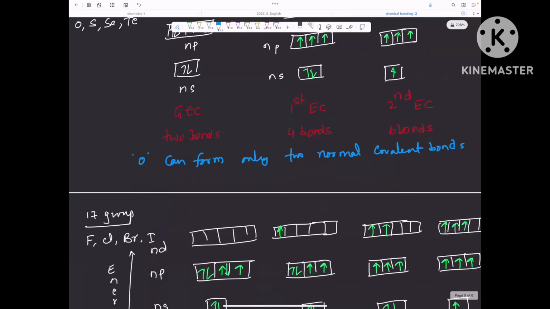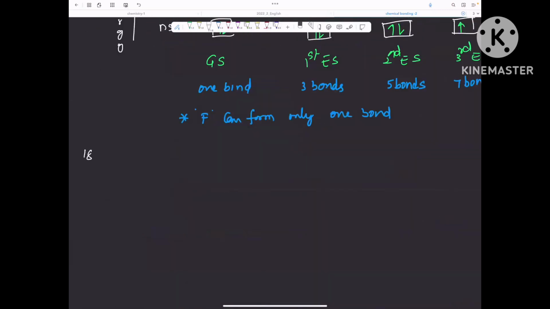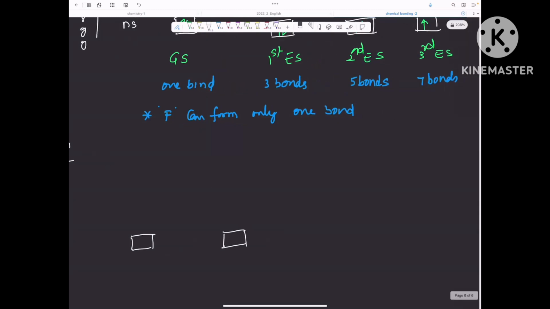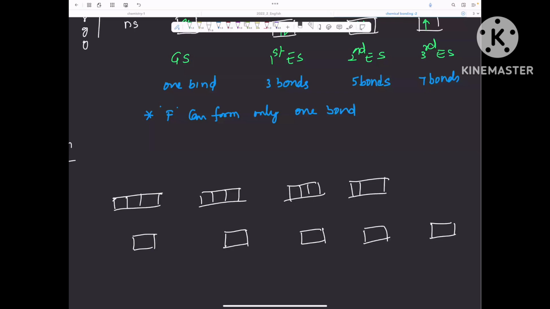Now, finally, we are coming to the 18th group. In case of the 18th group, again ns. Here we get many ns. We can make many excitations. np, so all these are np.